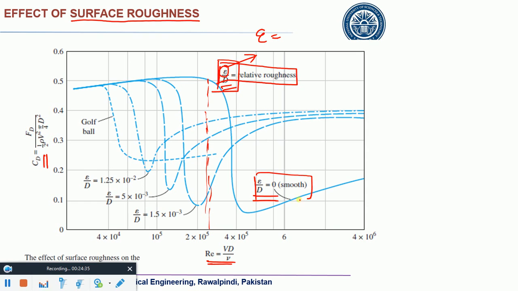But if you make the ball rough, this transition starts happening at smaller Reynolds number. And at that smaller Reynolds number, you can see your CD decreases to a great extent. And what is the physical reason? Flow separation delays, and the separation point goes to the rear end of the sphere. Okay, any question?